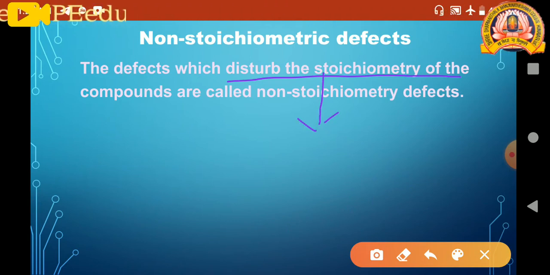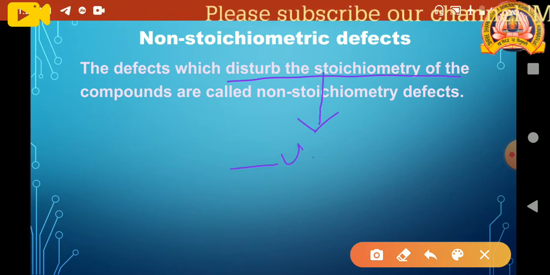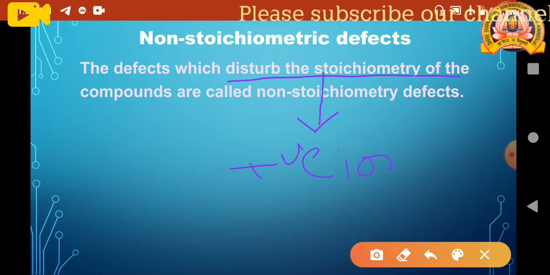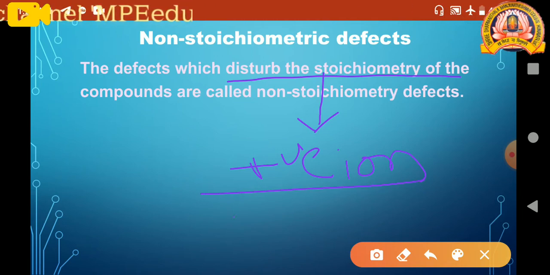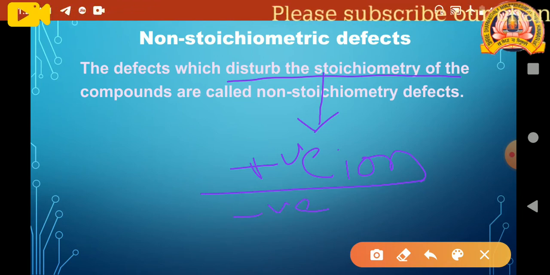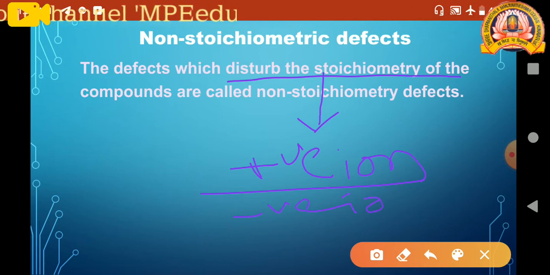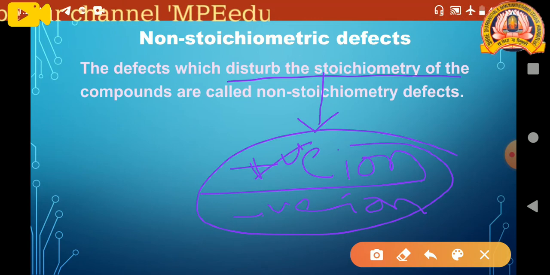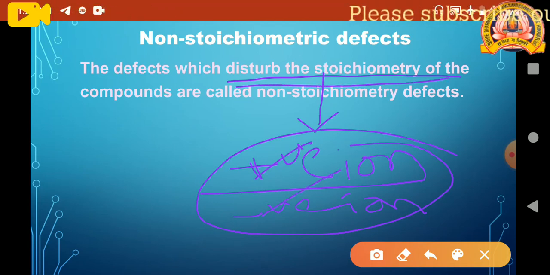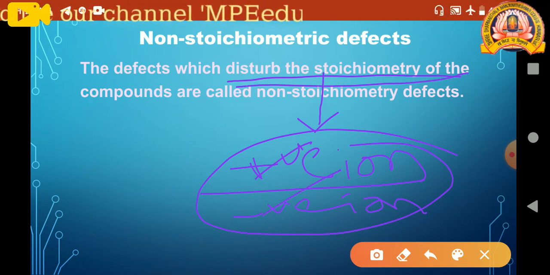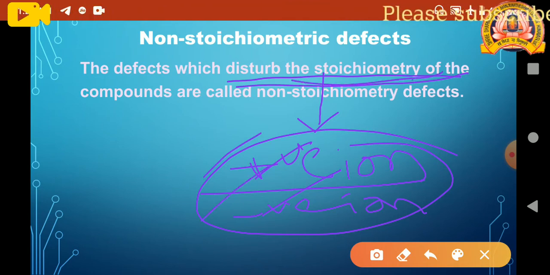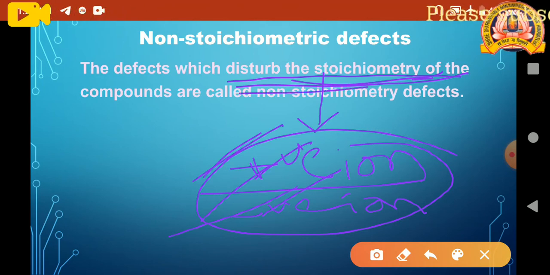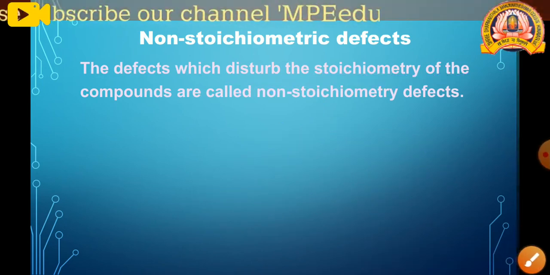10 positively charged ions are there, but only 9 negatively charged ions. Initially the ratio is 10 by 10, which is 1, but in this case it is 9 by 10. So there is a disturbance in the ratio of positively and negatively charged ions. What is the conclusion? Disturbance of the stoichiometry means a disturbance in the number of positively charged ions and negatively charged ions in the crystal.